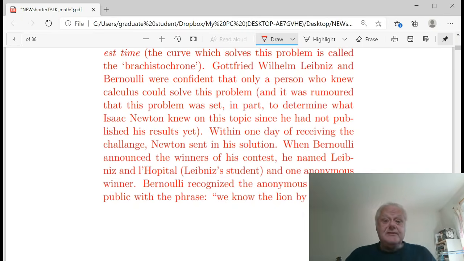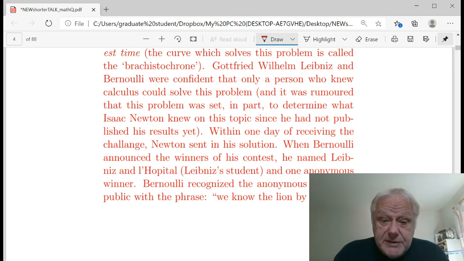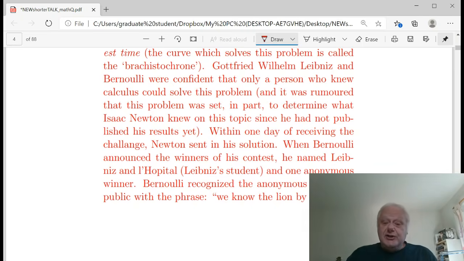So the idea, or at least the folklore, is that this problem was posed in part to find out what Newton knew. Within 1 day of receiving the challenge, Newton sent in his solution. When Bernoulli announced the winners of the contest, he named Leibniz and L'Hopital as the winners, and an anonymous winner, which he believed was Newton. Bernoulli recognised the anonymous winner in public with the phrase, "We know the lion by his claw."